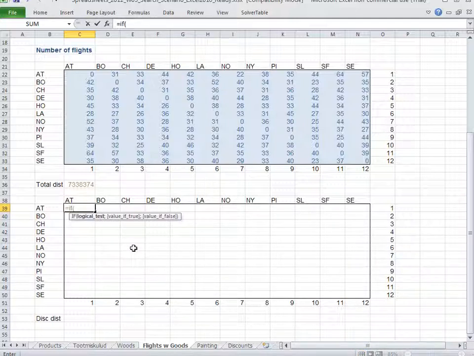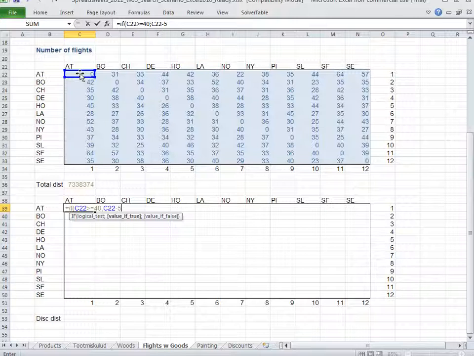So in the lower table we write equals if the upper table cell is above or equals 40, so 40 will already get the discount, then we will take the very same value and subtract 5 from it.